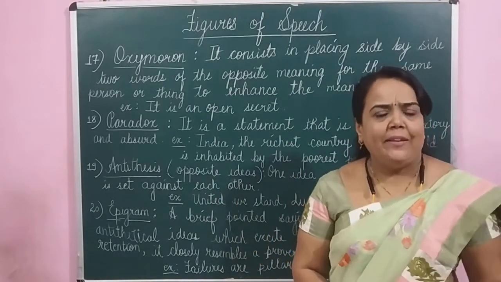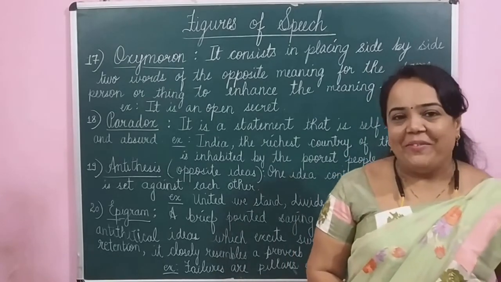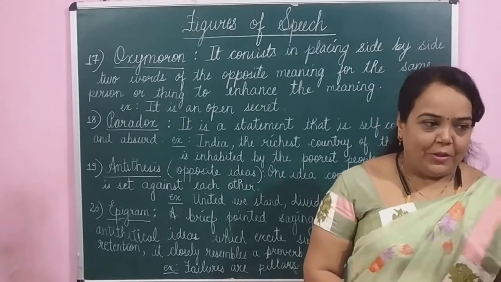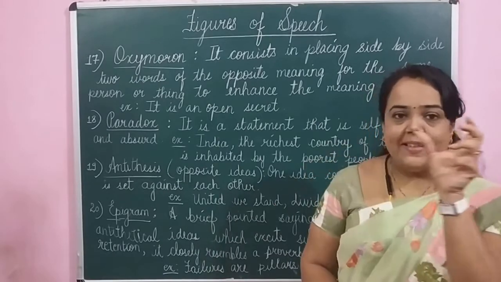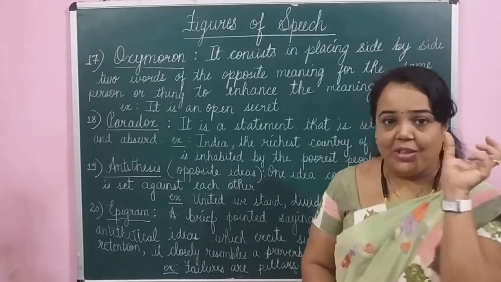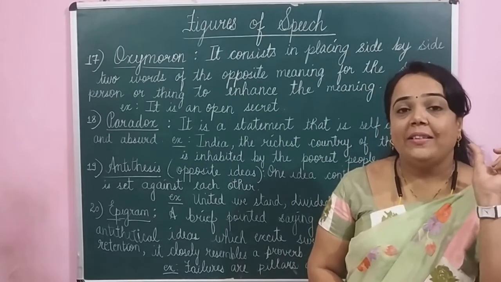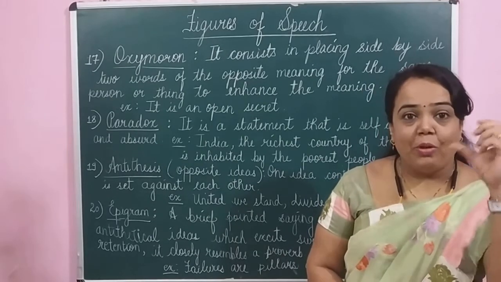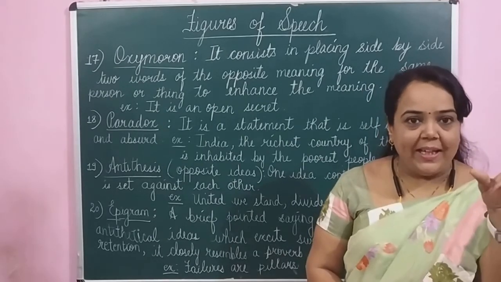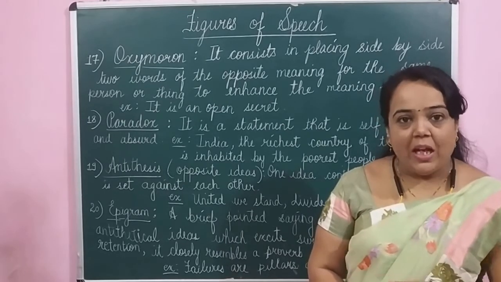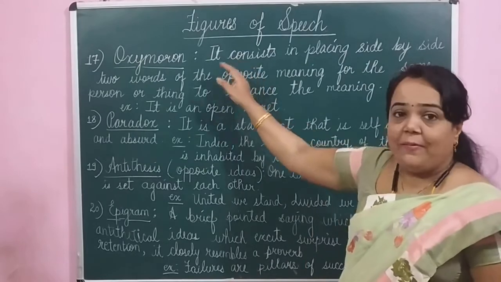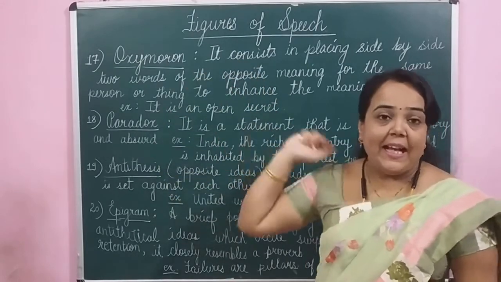Example, united we stand, divided we fall. 2 opposite ideas for emphasis, using contradiction to highlight what is being said. United we stand, divided we fall. Okay. Now, as I told, there is difference between oxymoron and antithesis.